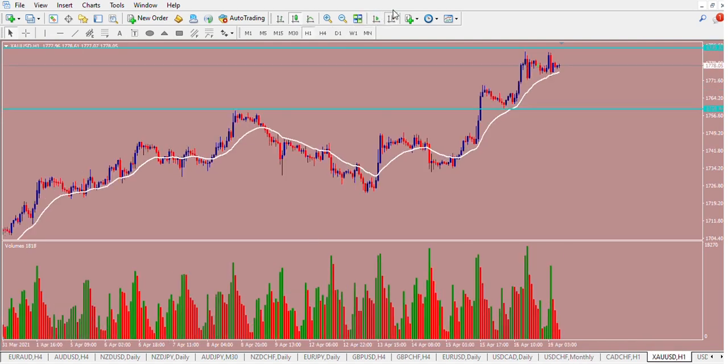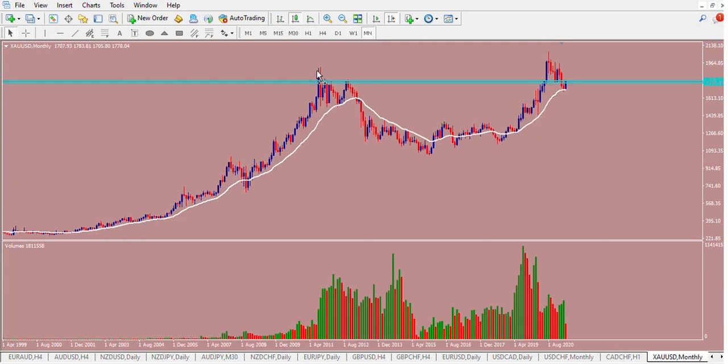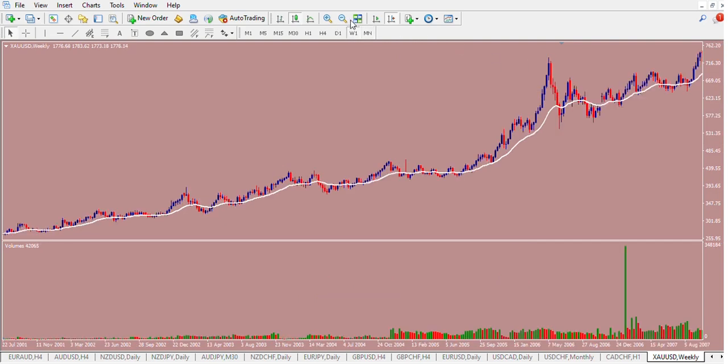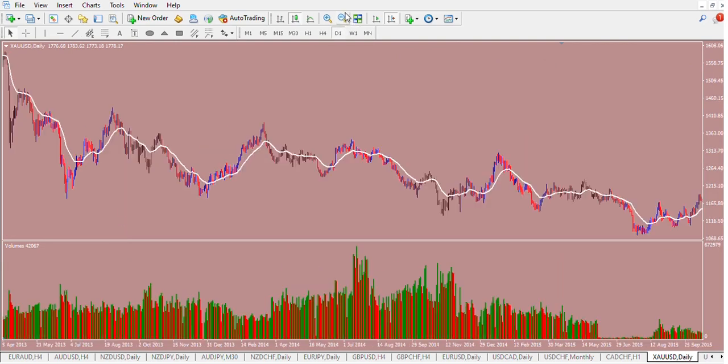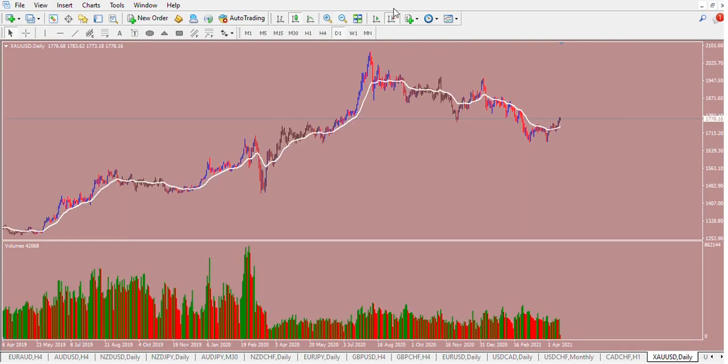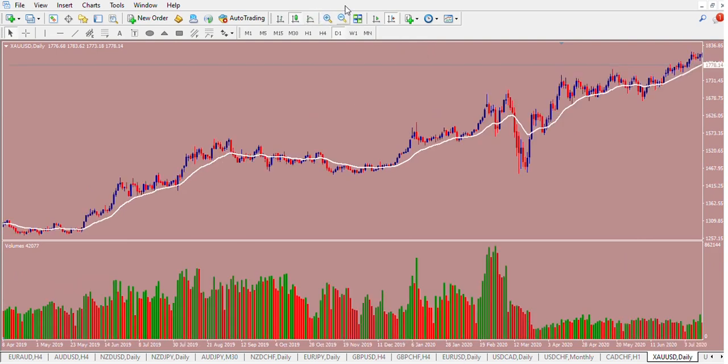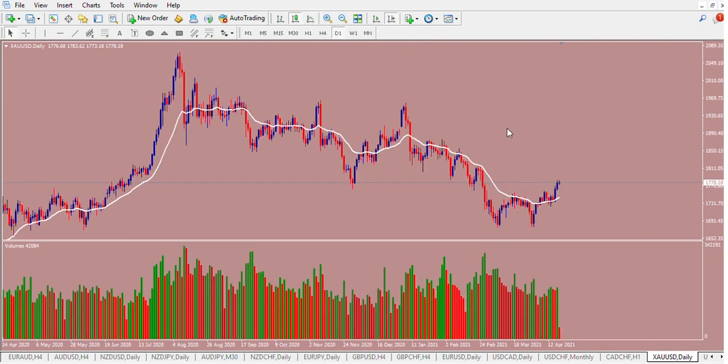The next will be gold. Now we took this gold trade and gold went our way, and what I'm expecting in gold, I still expect a close from the monthly time frame and the break of the daily time frame market structure. So where is the daily time frame market structure? Oh God, why did you go lower?